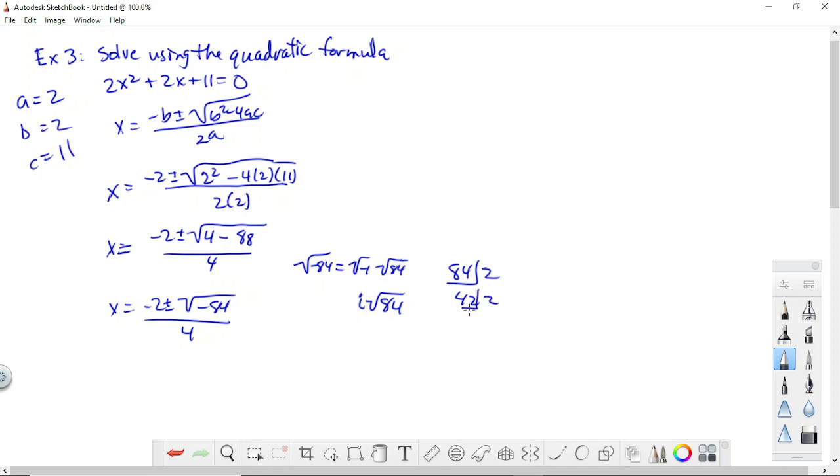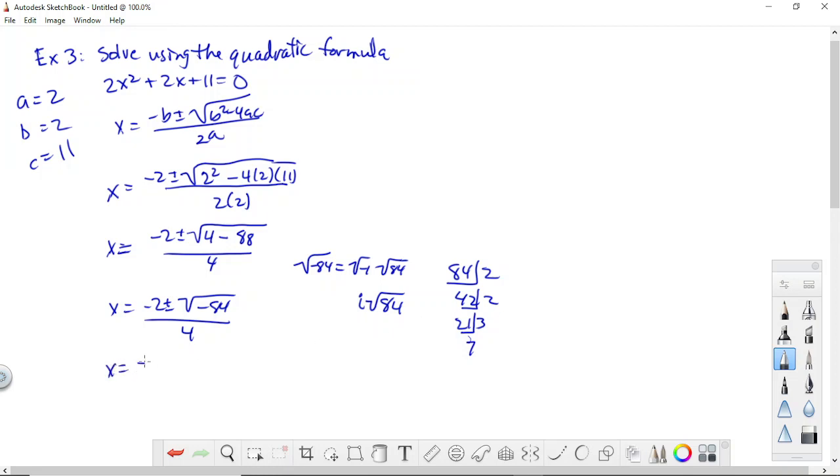Go 2 again, 21, and that gives us 3 and 7. Okay? So that's our factoring.